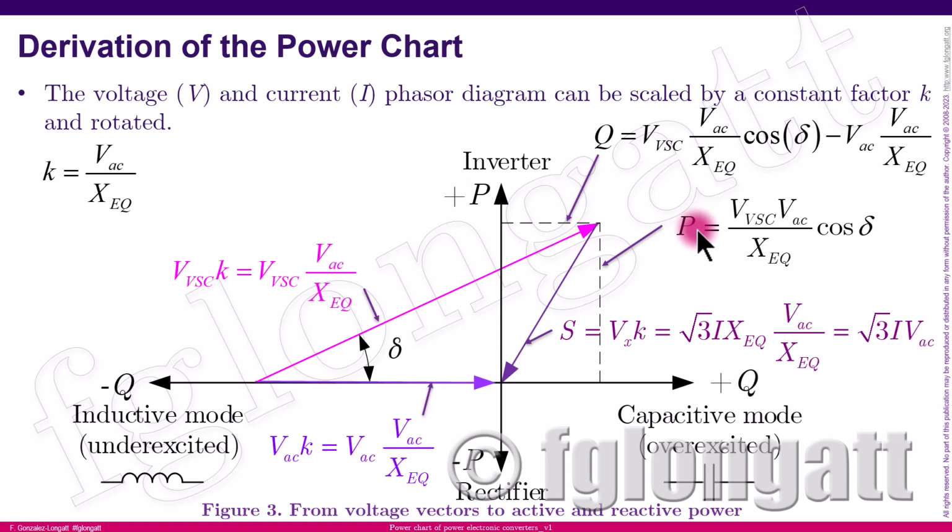What we need to do is basically create a constant factor, K, that in this case represents the voltage of the external grid divided by the equivalent reactance. If we do so, we can now represent what we know as the reactive power, the active power, and the apparent power for the operation of the power converter.